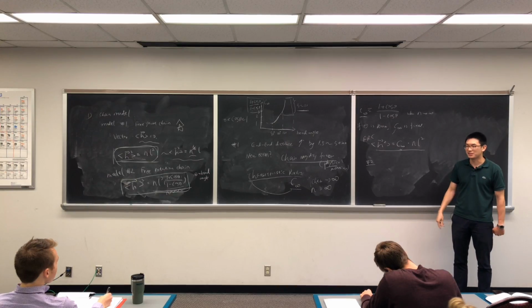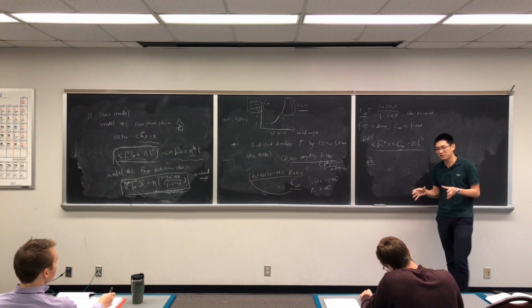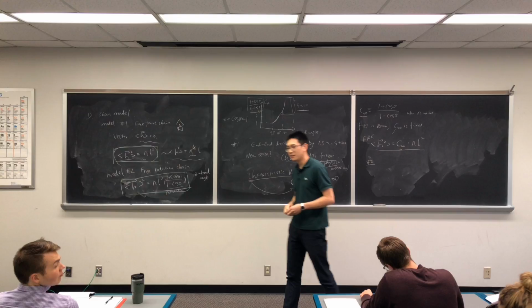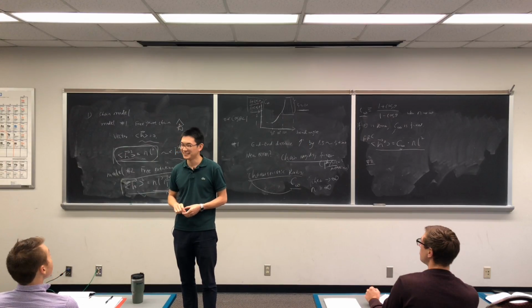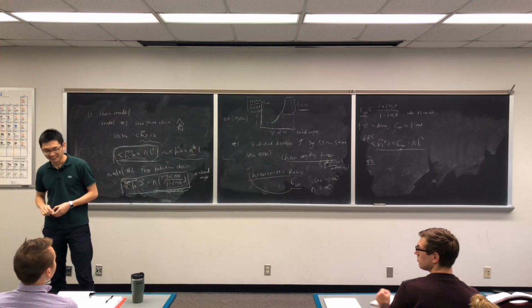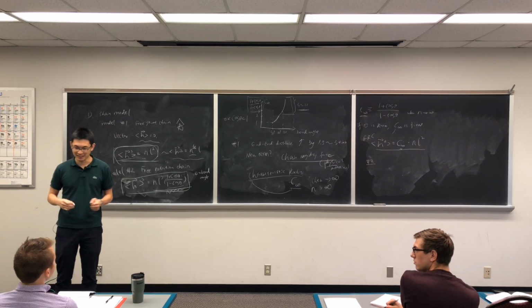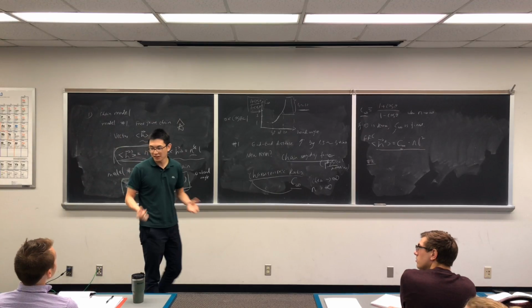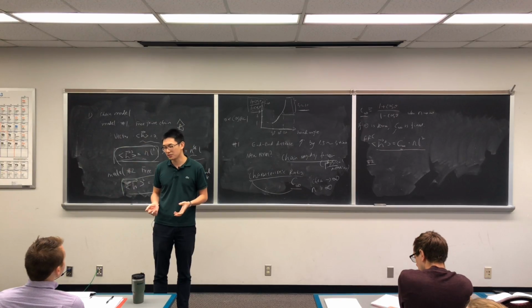So how does end-to-end distance depend on the molecular weight? Any answer? I think the molecular weight corresponds to the number of bonds. Right. The more bonds, the longer the length. Right. So it scales the same way as the free joint chain.